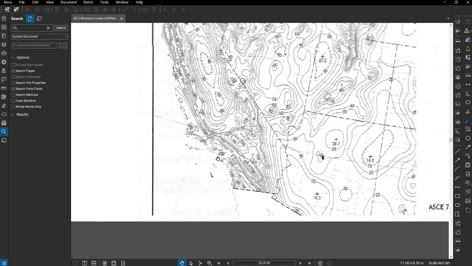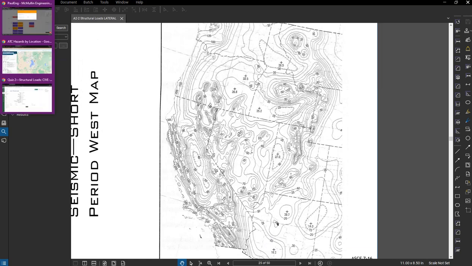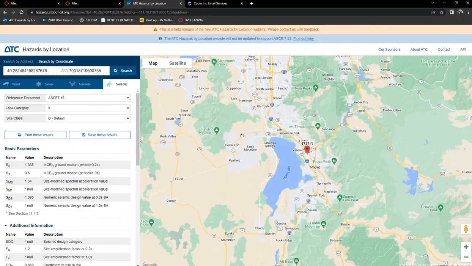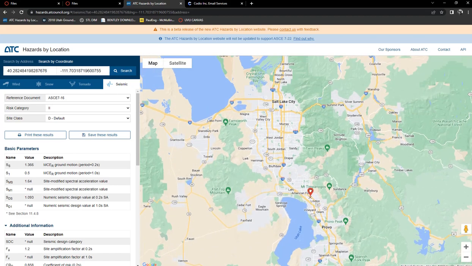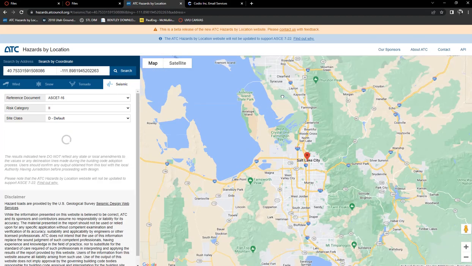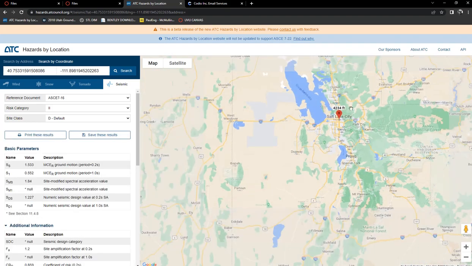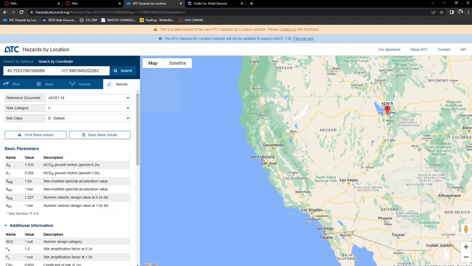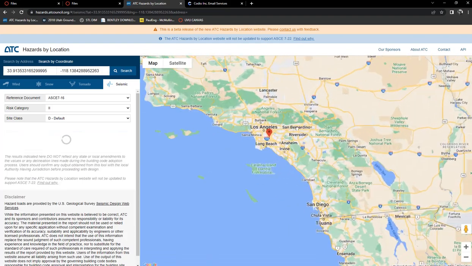This can be nice, but actually using the ATC Hazard website like this is really nice. So here in Orem we have 1.36. If we drag this up near downtown Salt Lake, what do we get? 1.53. And then if we drag this out to the Long Beach, LA area, Irvine I think is pretty high.